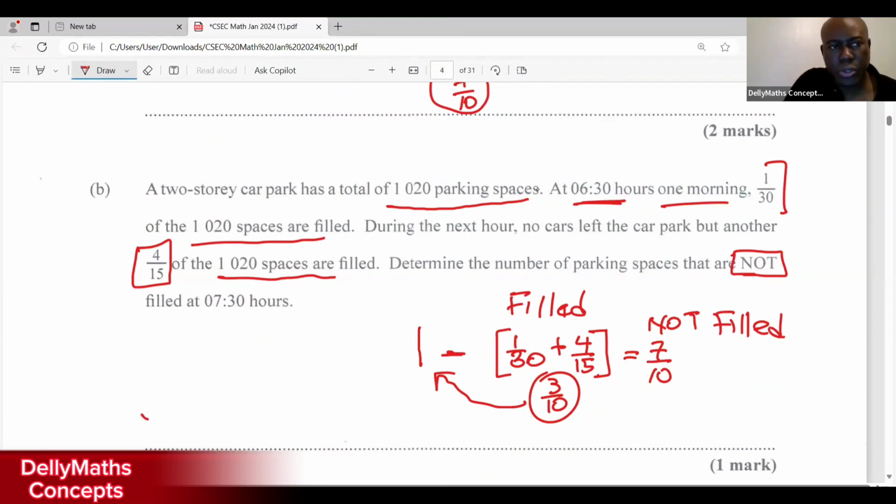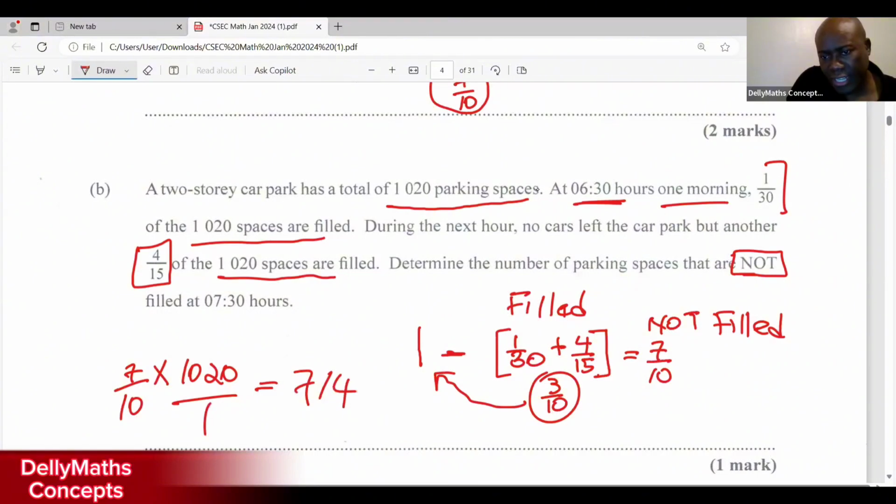So to find the number of spaces, we're just going to work out 7/10 of 1,020. That should take us to the answer. And we're getting 714. So we'll have a total of 714 parking spaces that were not filled at that time.